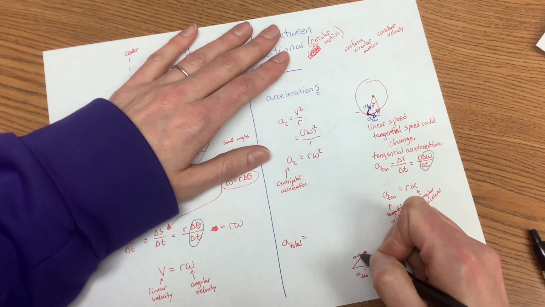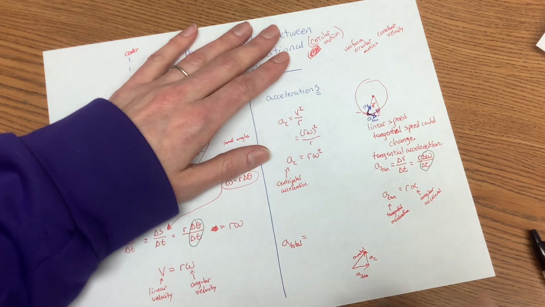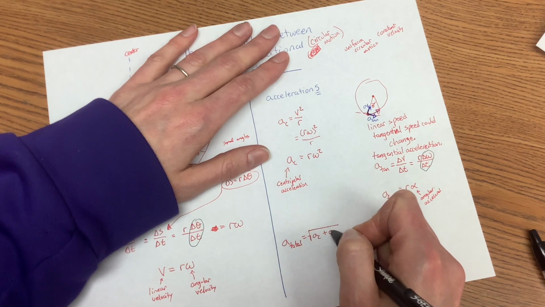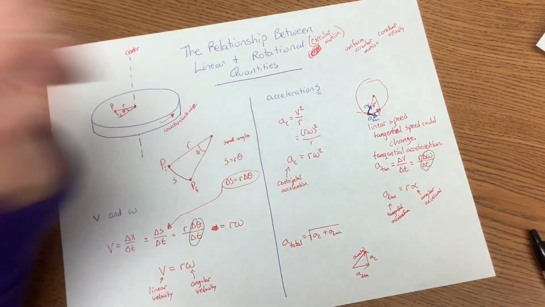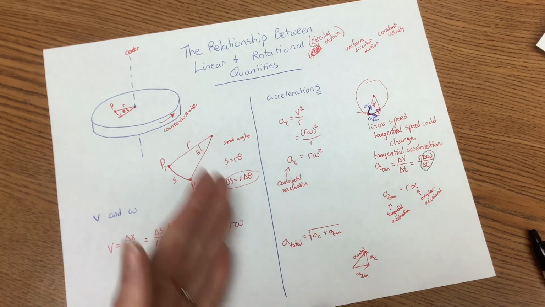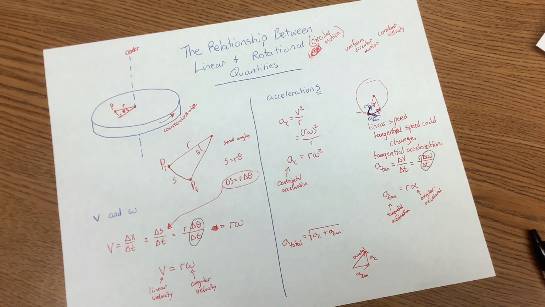How do you find the hypotenuse of a triangle? Well, it's the square root of one squared plus the other squared, okay? And we don't really need to find that. I don't know that you're actually going to have to find that, but understanding that that's how they're related is really useful, okay? So these are the different accelerations that you might find.